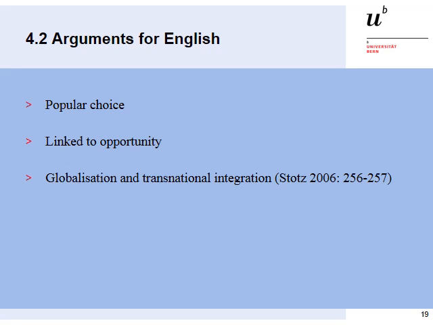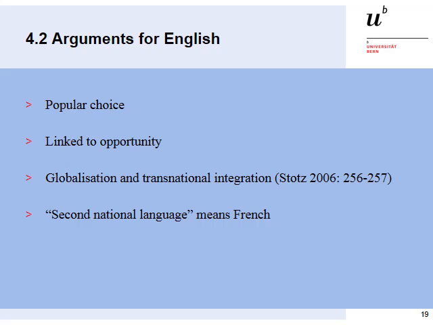Similarly, they also see English as the language of globalization, and if Switzerland wants to be part of this globalized world, which is for many reasons desirable, they have to learn the language of this globalization.